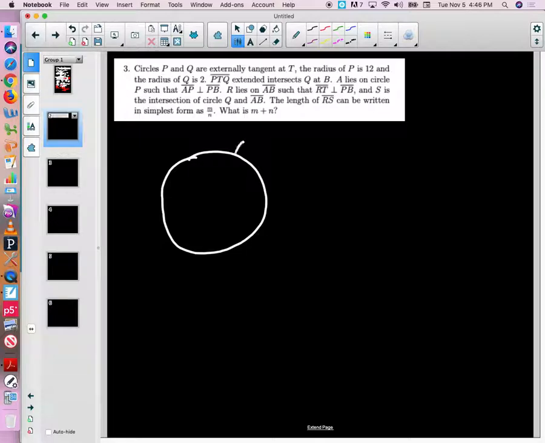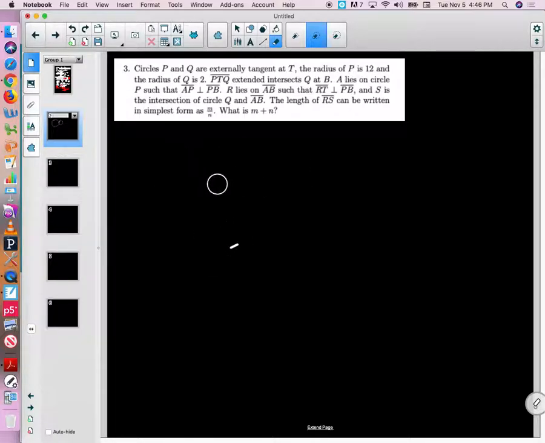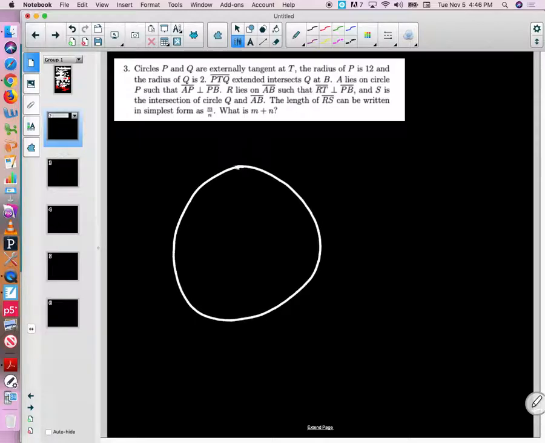That means they're not like this, they're like this, externally tangent. Okay, one of them's a lot smaller than the other as you read further along. So let's make this one really big. I found I needed a lot of room for this in my drawing. So this is P, and so Q's like over here. It's had a lot going on.